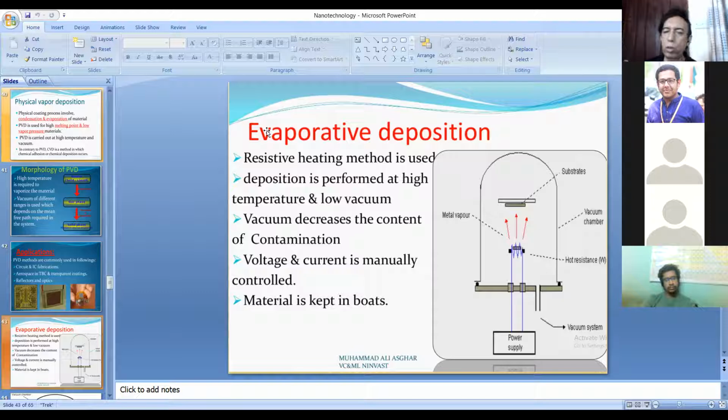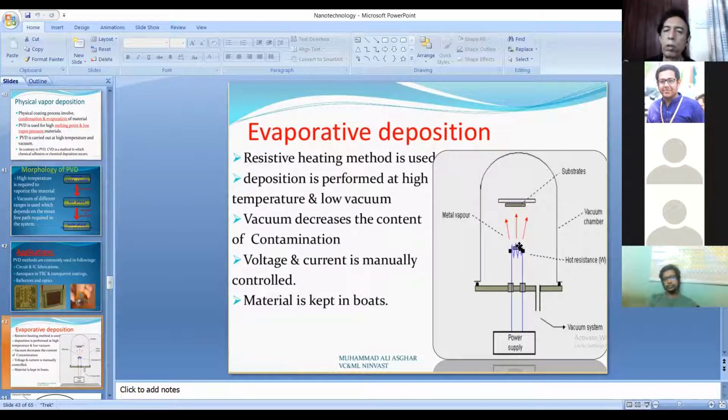You see here a very simple instrumentation. Here you will place the target material.